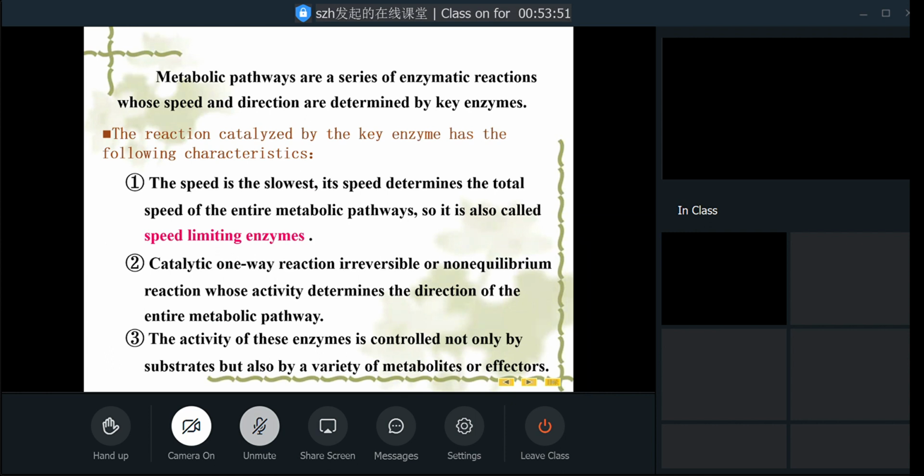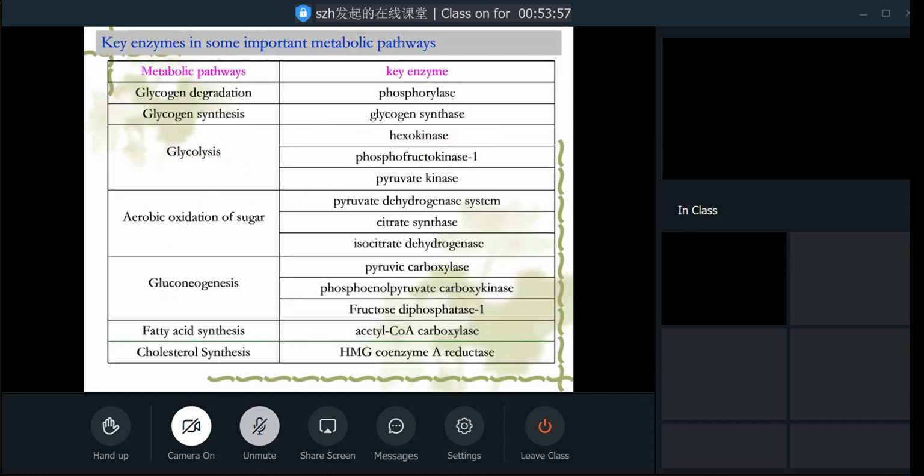We studied allosteric regulation and covalent modification. Key enzymes are listed here: in glycogen degradation, phosphorylase; in glycolysis, you can see three kinds of key enzymes.